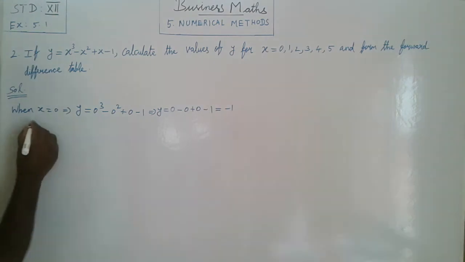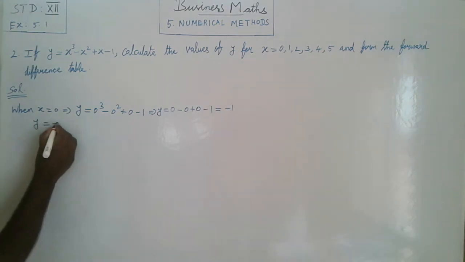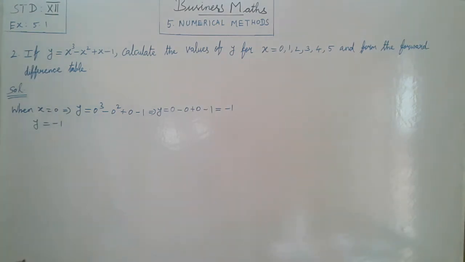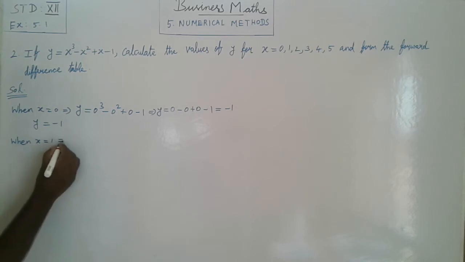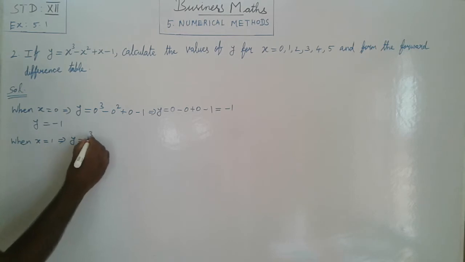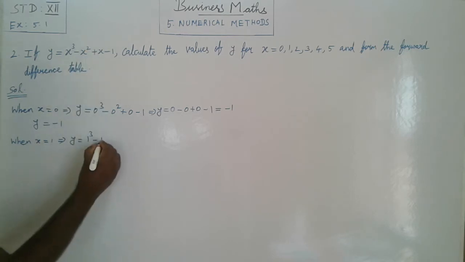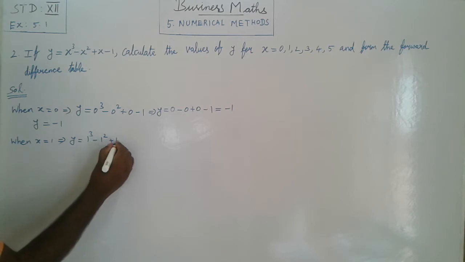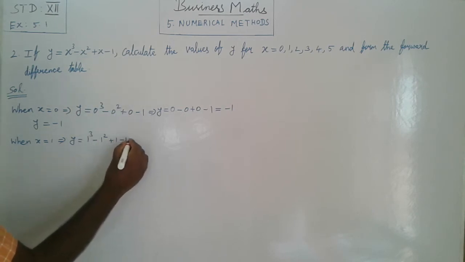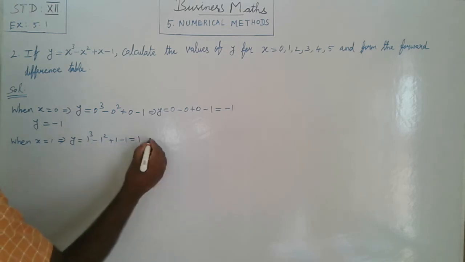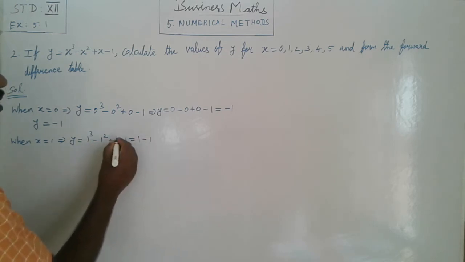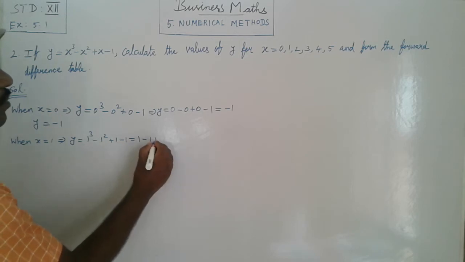So y equal to what is there? y equal to minus 1. x equal to 0, then y equal to minus 1. Next, when x equal to 1, then y equal to x cube minus x square plus x minus 1, equal to 1 cube is 1, 1 square is 1, 1 minus 1 is 0, plus 0.